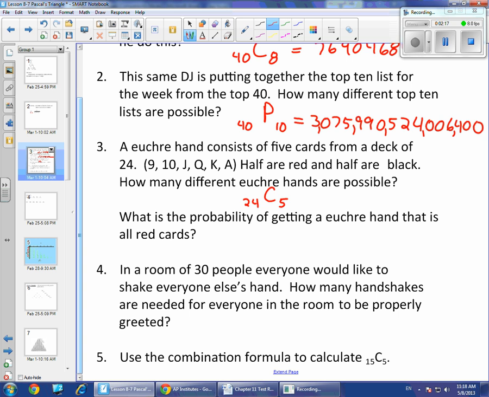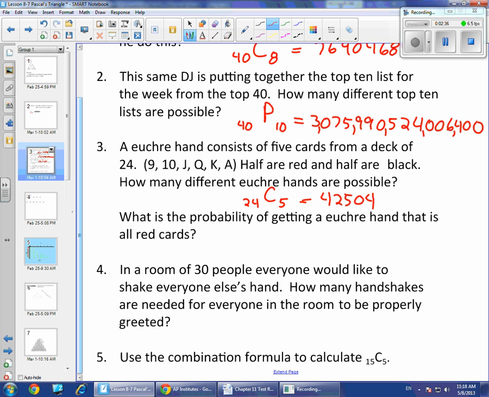Now, if you want to figure out this next probability, you need to know 2 things. How many total hands are in the deck, which we already calculated, which was 42,504. But we also need to know how many hands there are that only have red cards. Okay, so let's do that next.